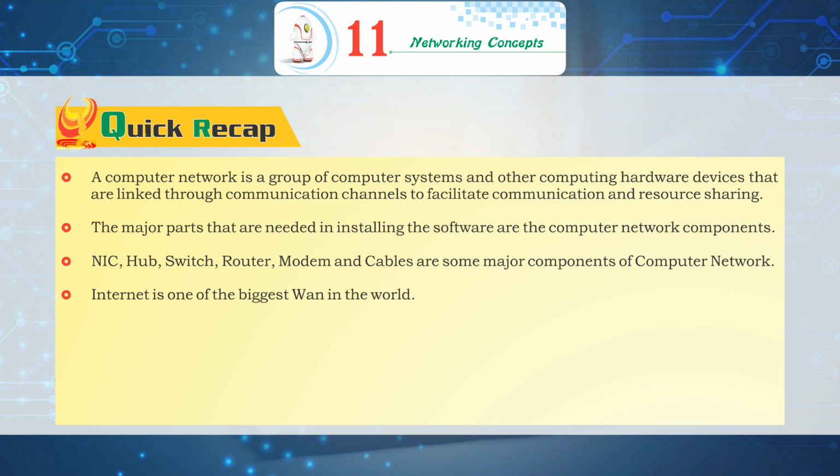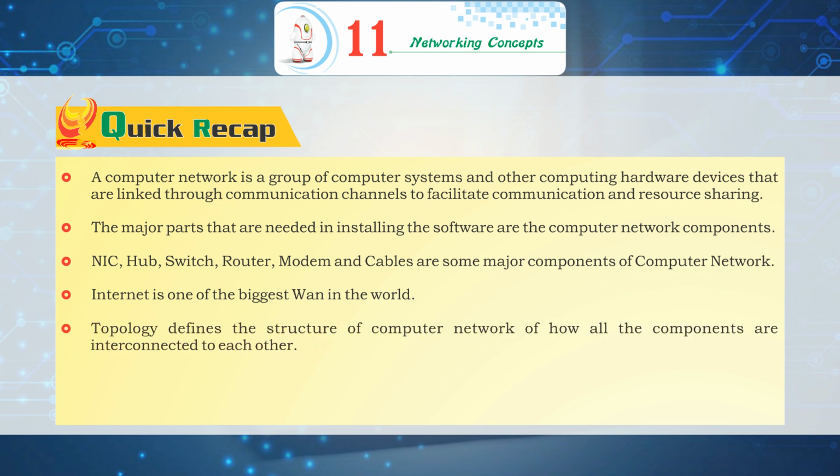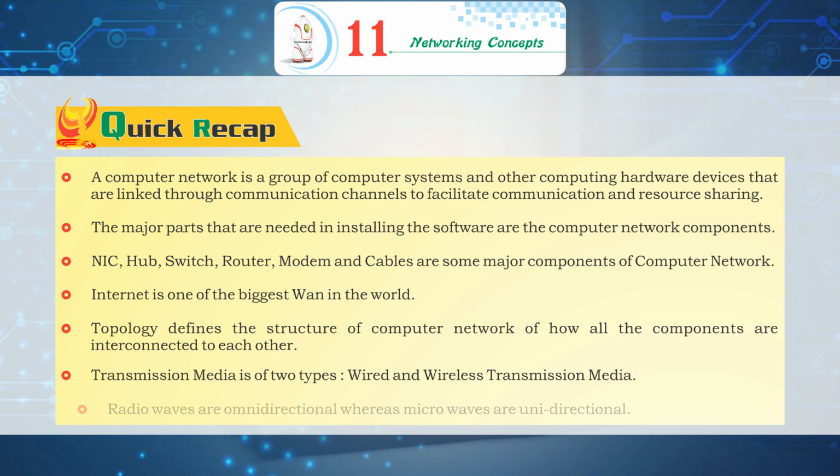The Internet is one of the biggest WANs in the world. Topology defines the structure of a computer network, of how all the components are interconnected to each other. Transmission media is of two types, wired and wireless transmission media. Radio waves are omnidirectional whereas microwaves are unidirectional.